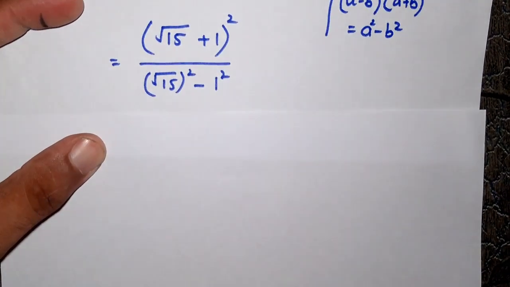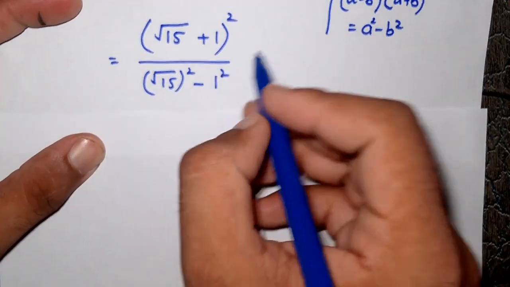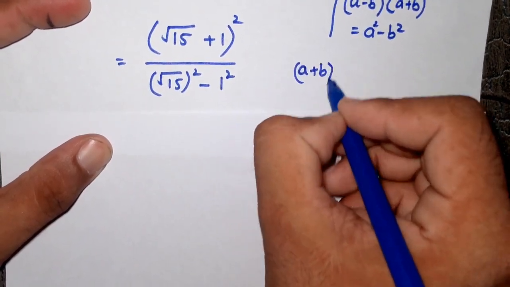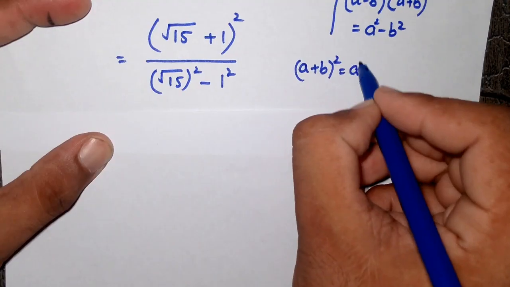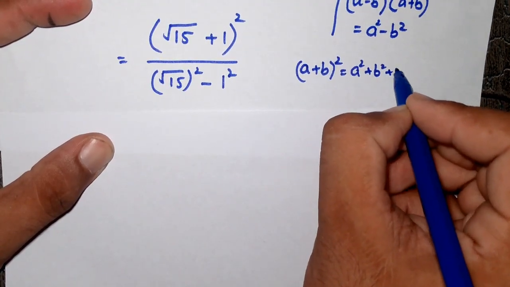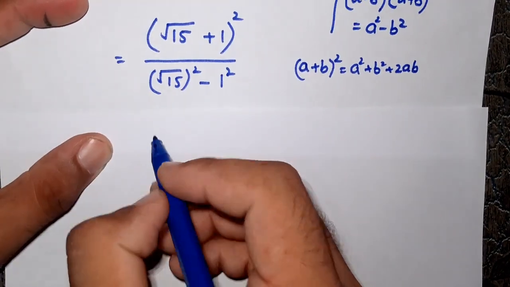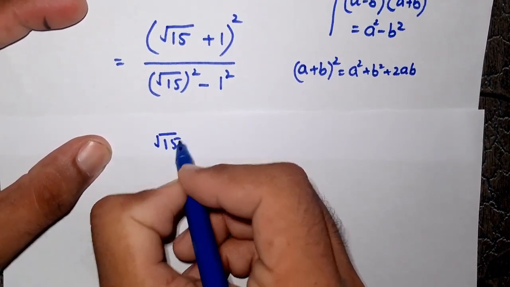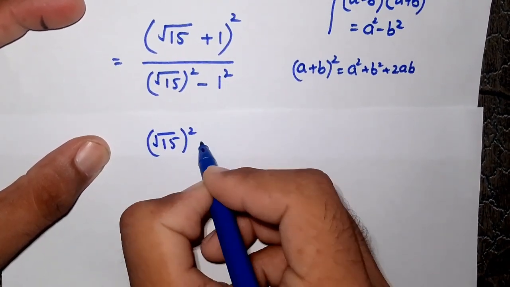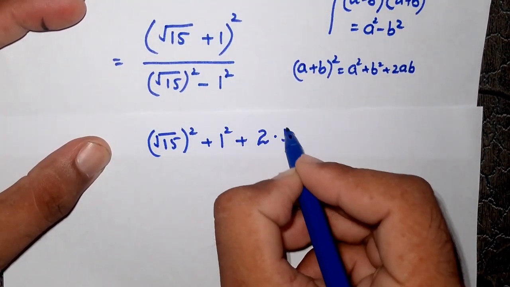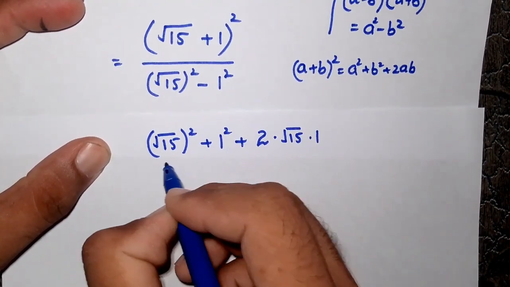Now again to solve this interesting step, we know that this is in the form of a plus b whole square, which is equal to a square plus b square plus 2 times a b. So to apply this condition, this will become square root of 15 square plus 1 square plus 2 times square root of 15 times 1.